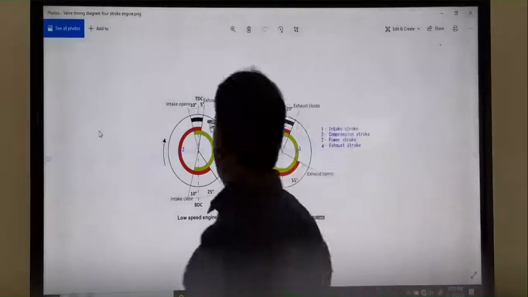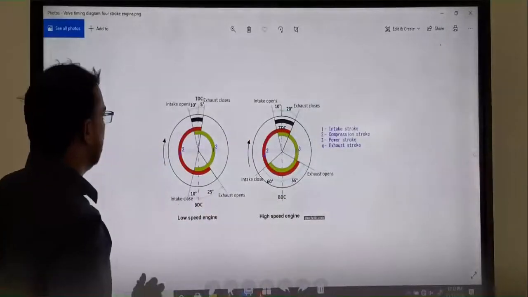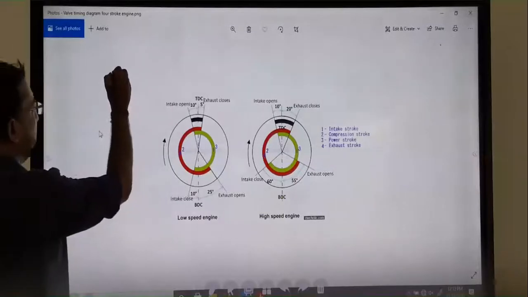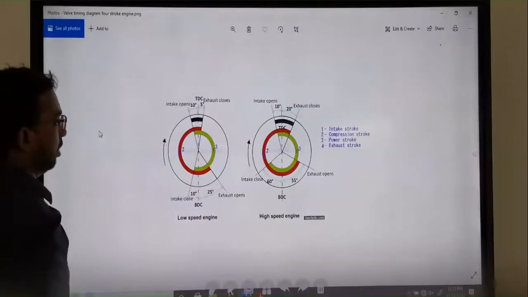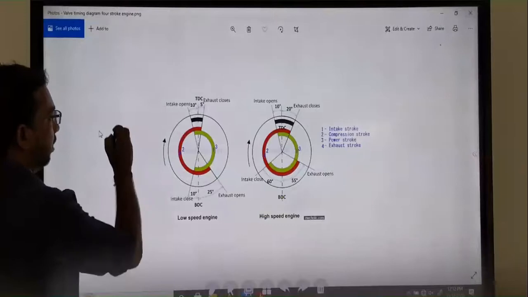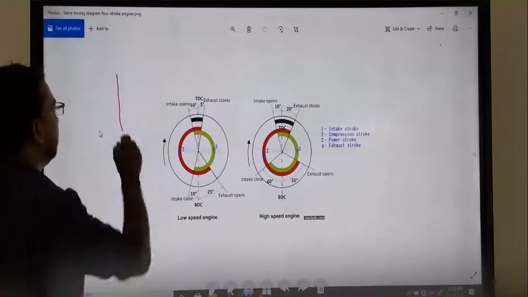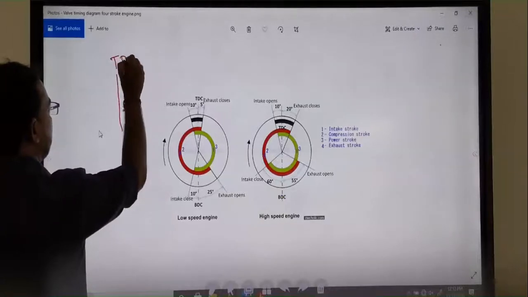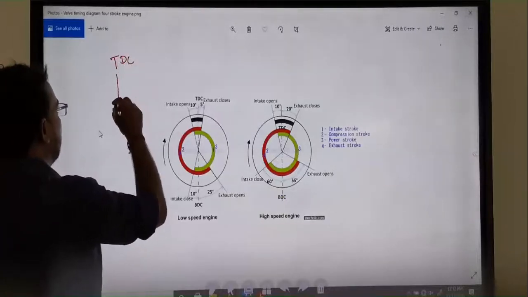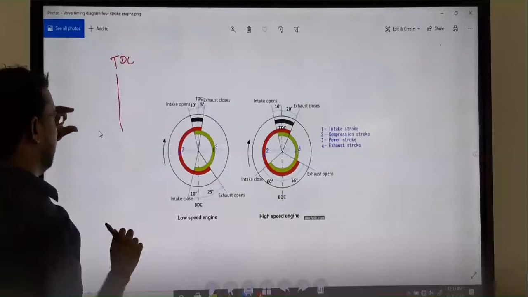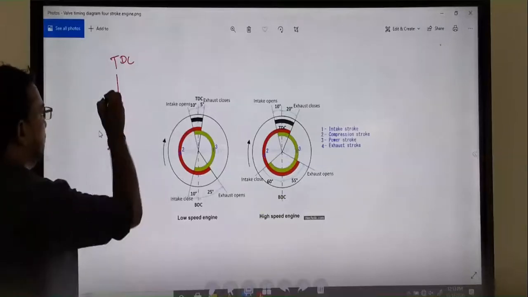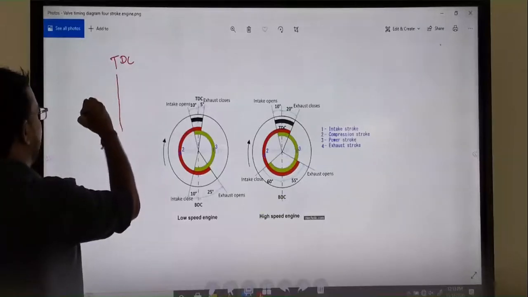For example, here we know the first cylinder both valves are open. That means this is TDC. Near TDC, normally the exhaust valve is open.